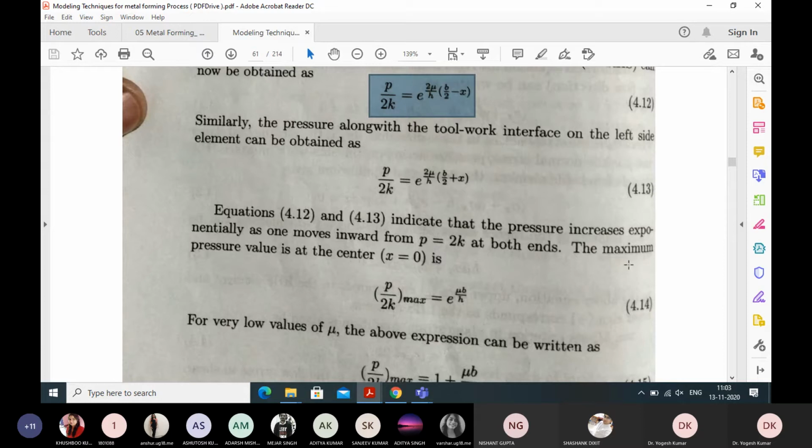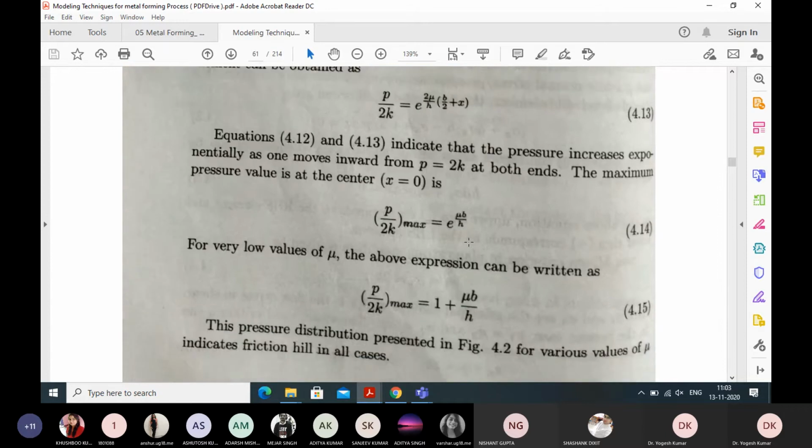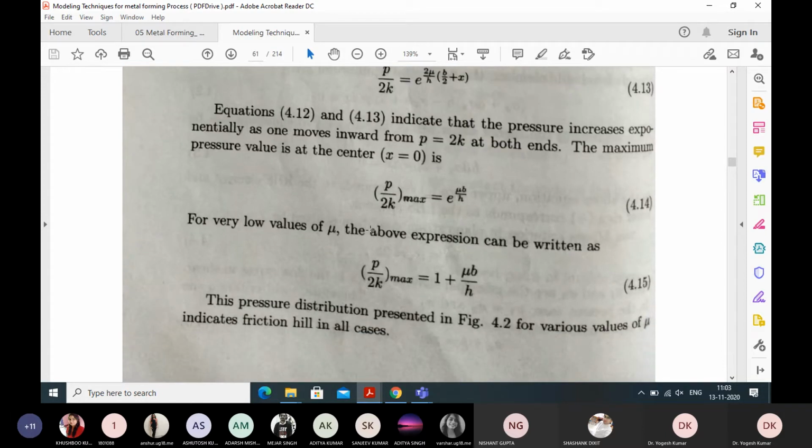The maximum pressure value at center, that is x equal to 0, is P by 2K max equal to e to the power mu b upon h. This may be further simplified, and the term e to the power mu b upon h may be taken equivalent to 1 plus mu b upon h for simplicity.